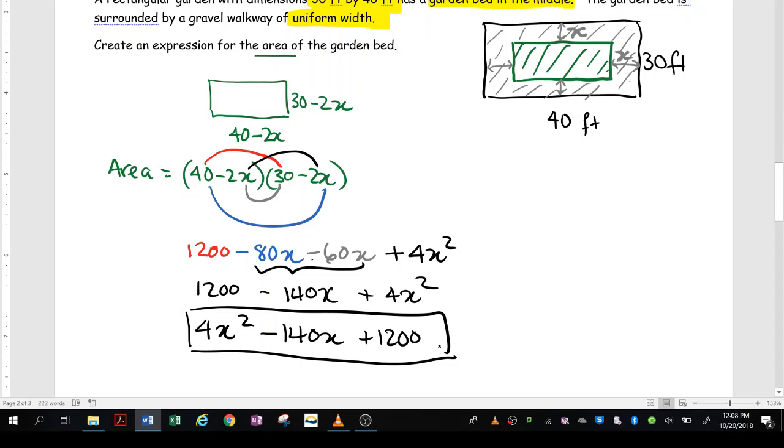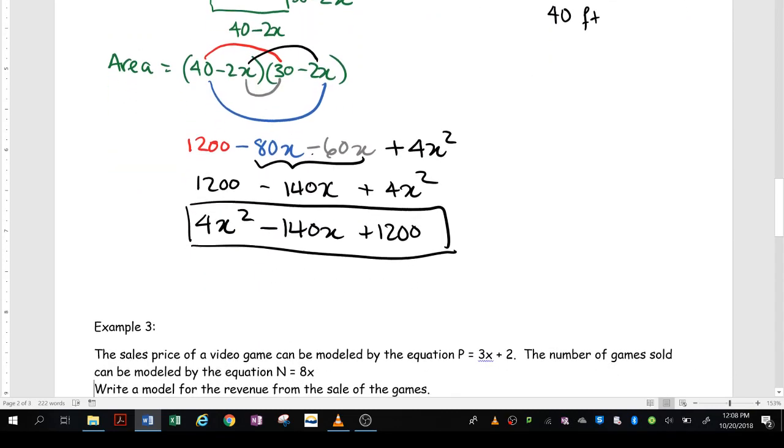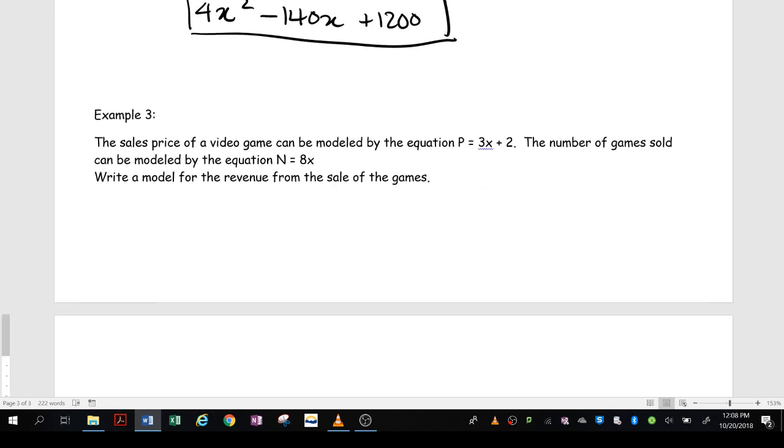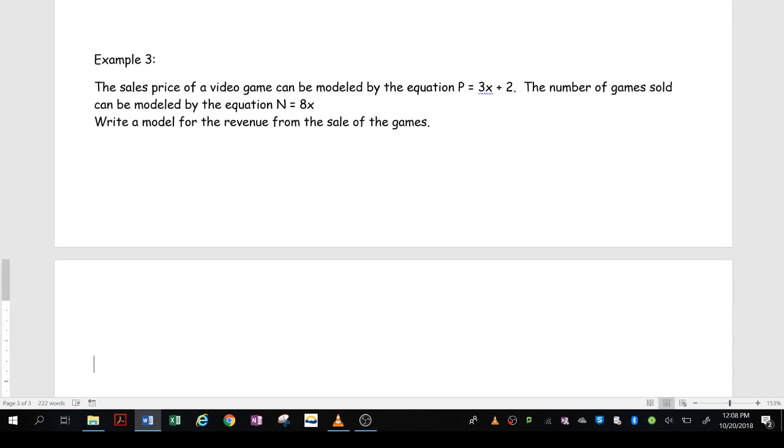Let's look at one more example. And this is a financial literacy example. So we have the sales price of a video game that can be modeled by the equation P is equal to 3x plus 2.